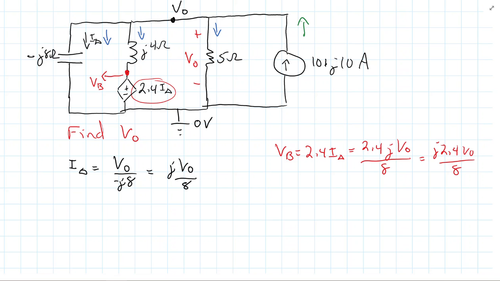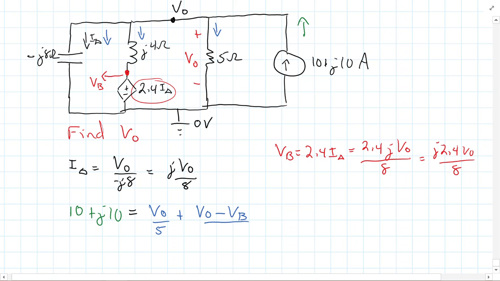So the current coming into the node, 10 plus j10, is equal to the current leaving the node, which would be V out over 5, plus V out minus VB over j4, plus V out over minus j8.